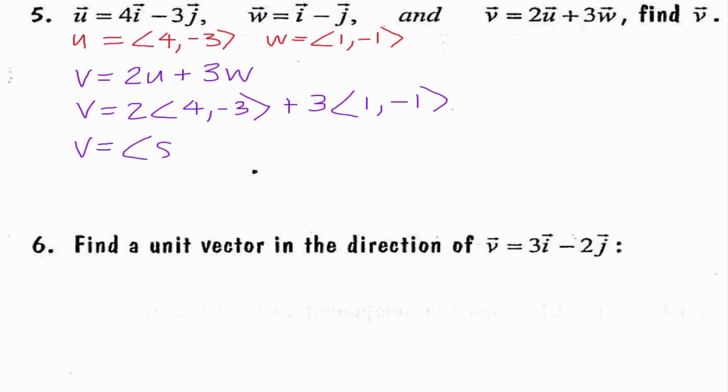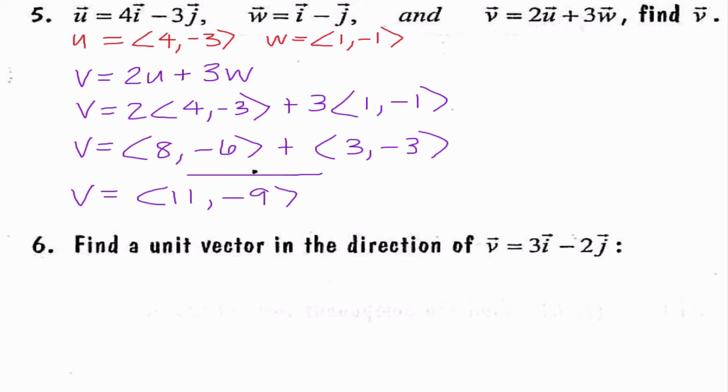So I have <8, -6> plus <3, -3>, which is <11, -9>. Don't make vector operations harder than this. This really is as easy as it is when we're dealing with just multiplying by a constant value. It makes it pretty straightforward.